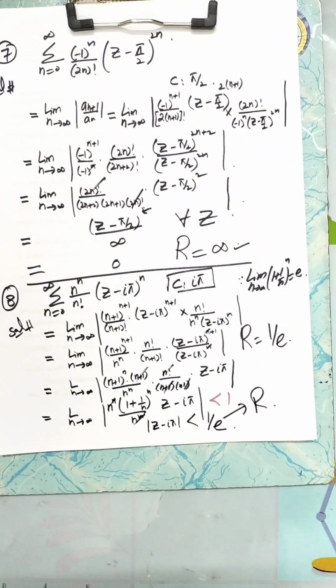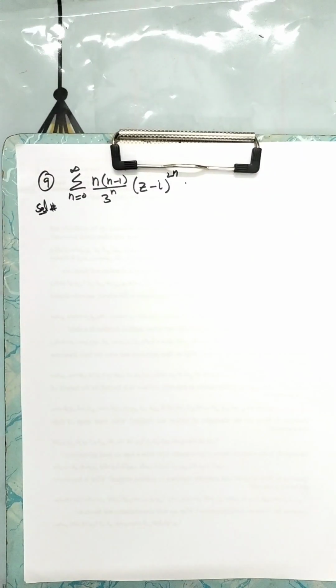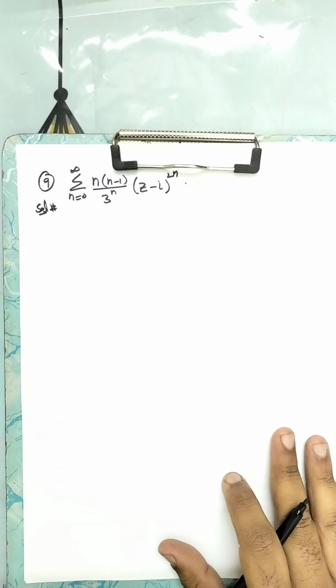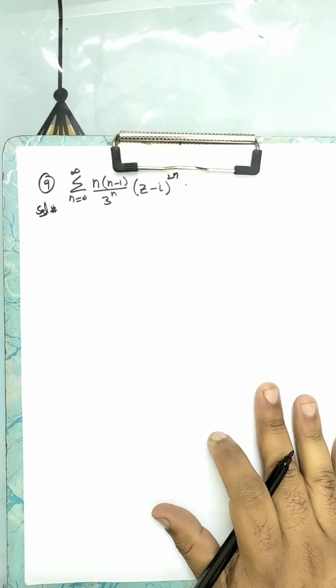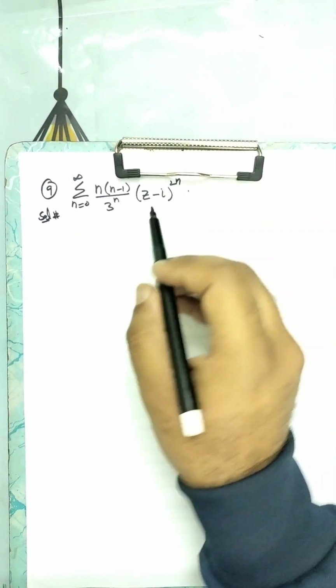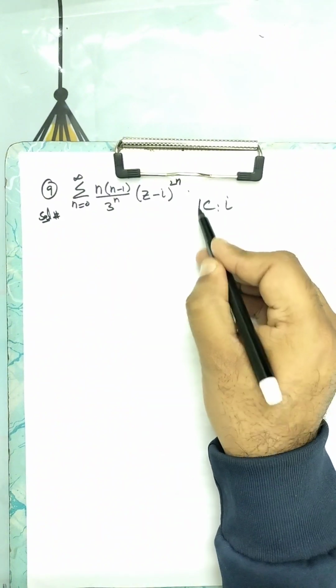Now we solve question number 9. In question number 9, again we find the radius of convergence and center. Similarly here, z minus iota, so the center is iota.